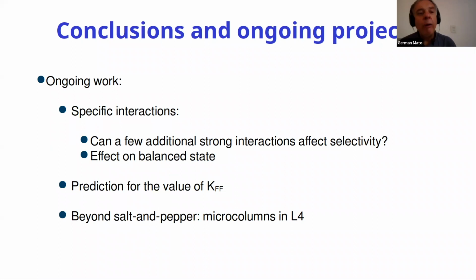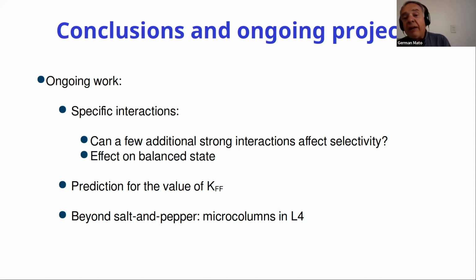So what we're doing now, we want to see how this scenario is modified when we put in specific interactions. I mean, when the animal is learning or having plasticity, there will be stronger connections between neurons that do the same thing.